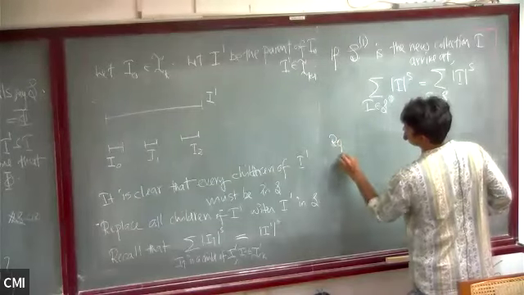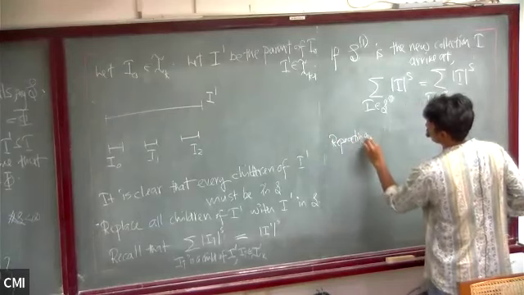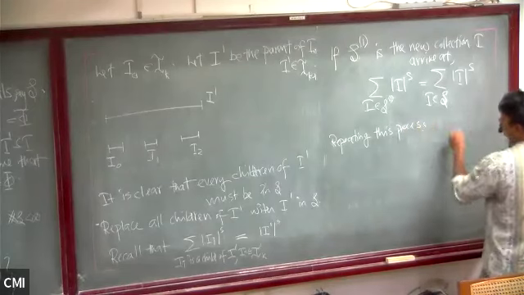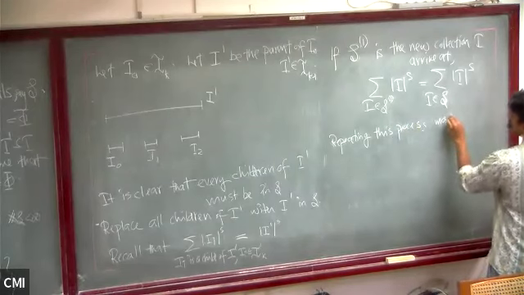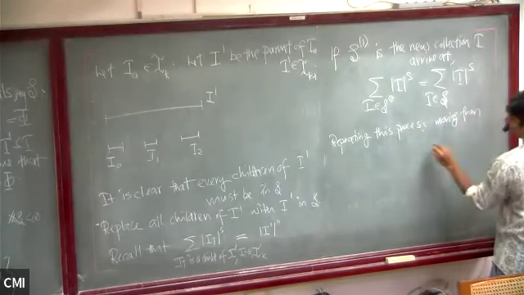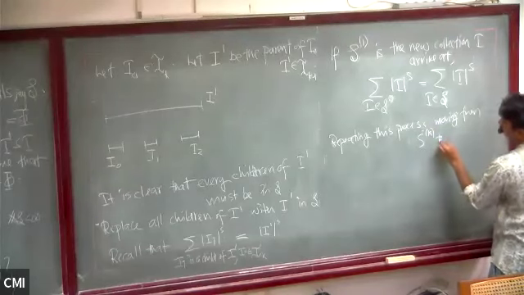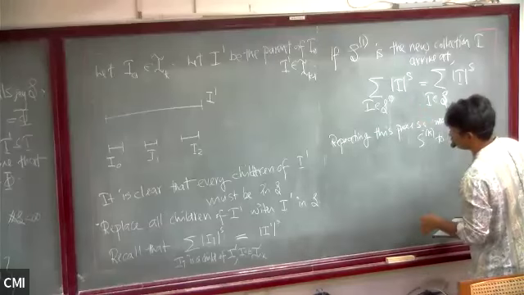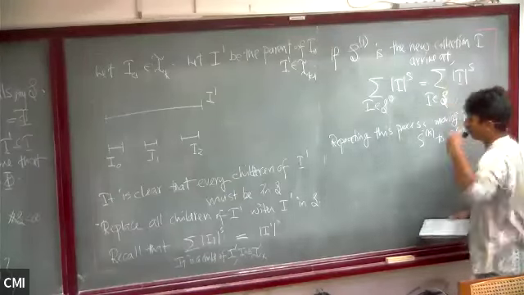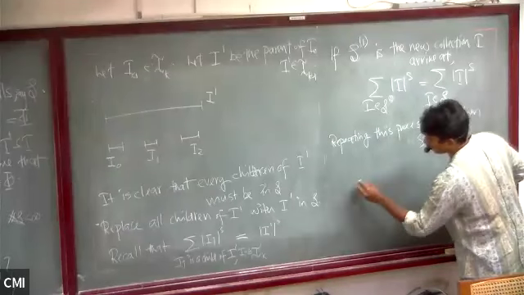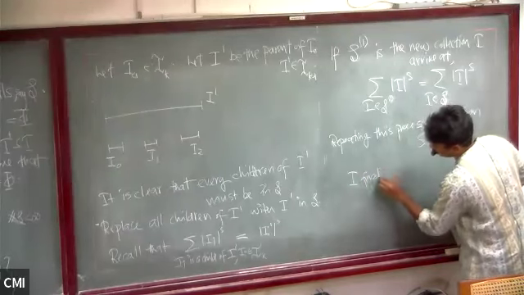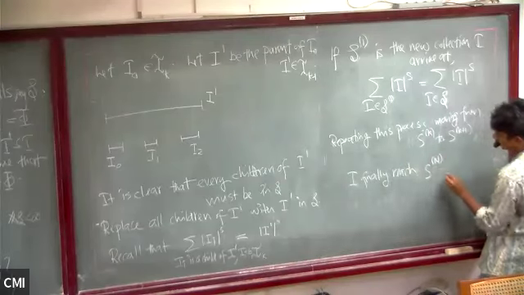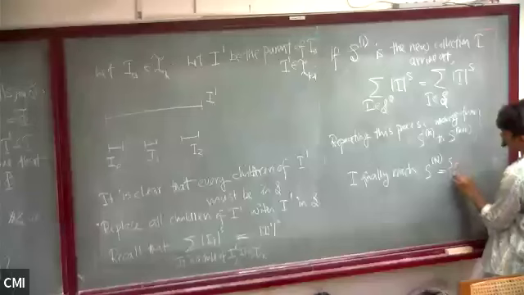So repeating this process, say moving from S_k to S_{k+1}, by replacing the collection of children with some parent from a higher level, I finally reach S_n for some large enough n with just one interval 0, comma 1.